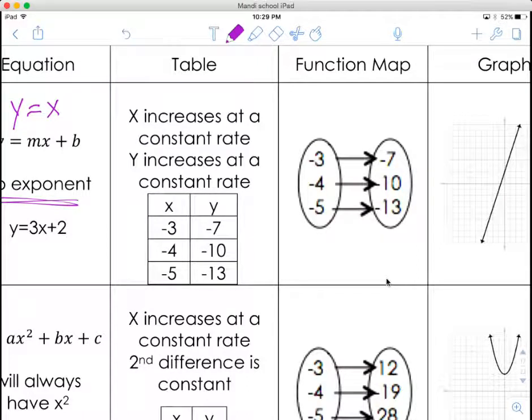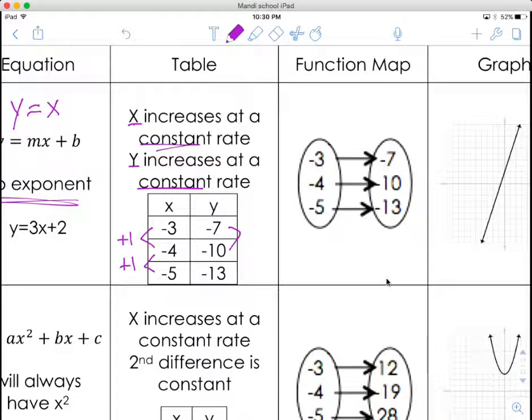So this says x increases at a constant rate, y increases at a constant rate. So we have to check both. So -3 to -4 is minus 1. -4 to -5 is minus 1.